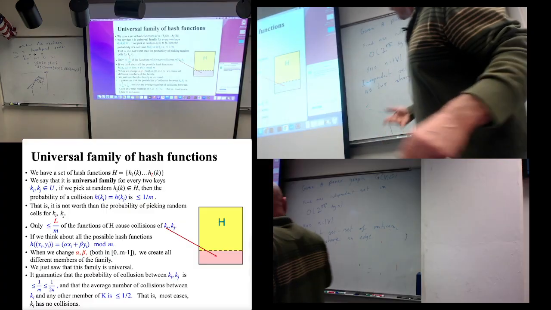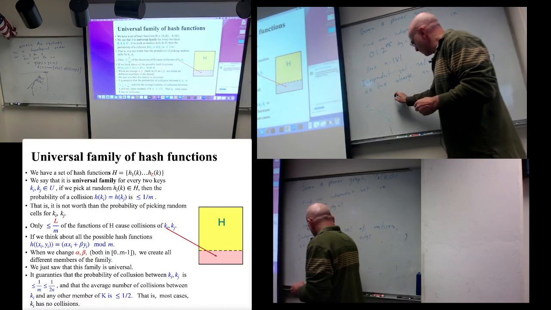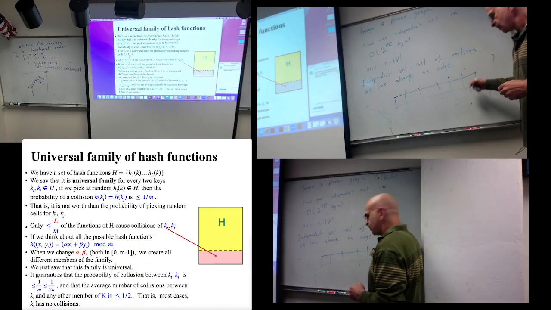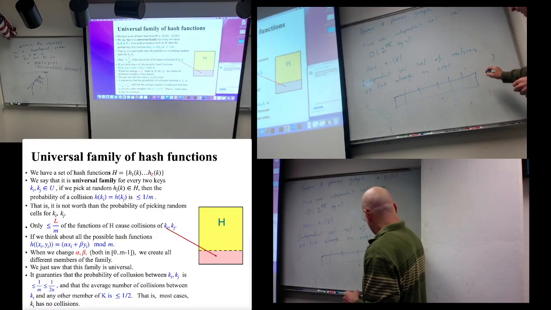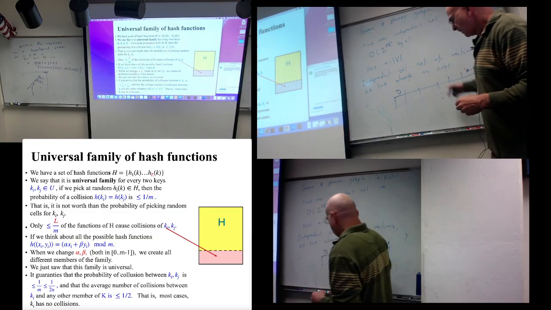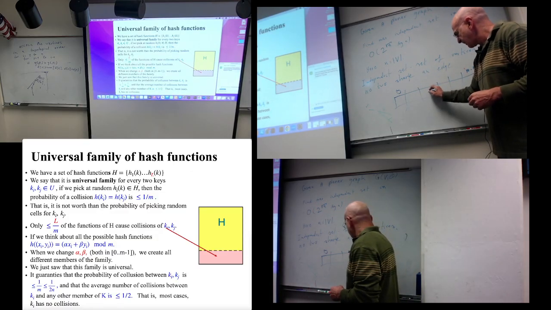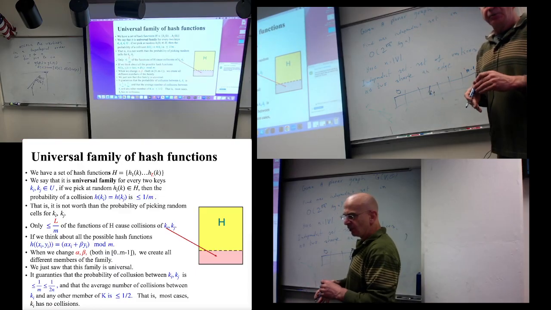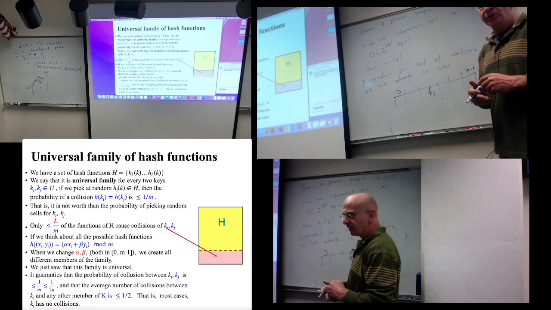And the example that I liked to show was that if I have my hash table, which I now draw horizontally, where this would be cell m minus 1, this will be 0. I placed k1 somewhere, and k2 has to be inserted somewhere in the table.